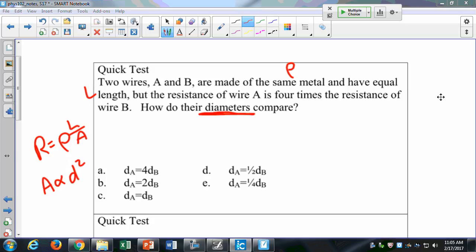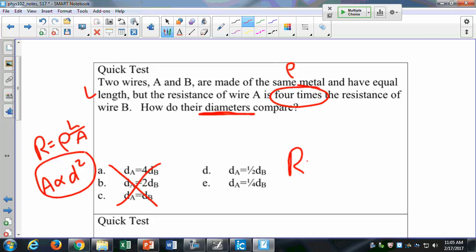So wire A will have a smaller diameter than wire B. That gets rid of options A through C. And then the resistance is going to be 4 times. Now remember, this area is diameter squared. So if I think about my R as rho L over A, then I'm going to say pi times D squared. It's really pi R squared, but it doesn't really matter. We're just looking at the proportionalities anyway. If I have half of my diameter, that gives me 4 times the resistance.